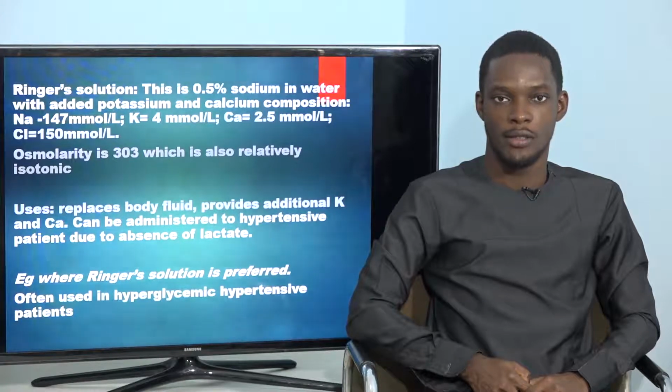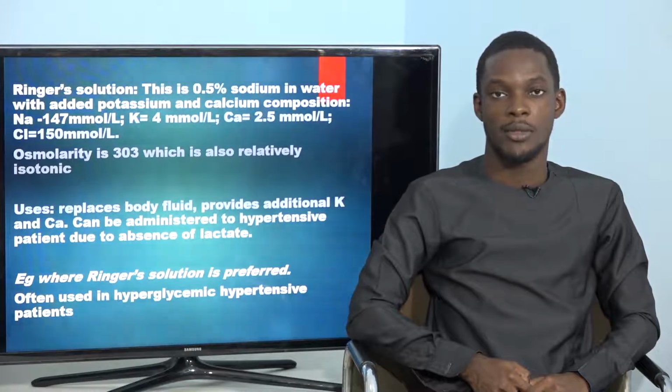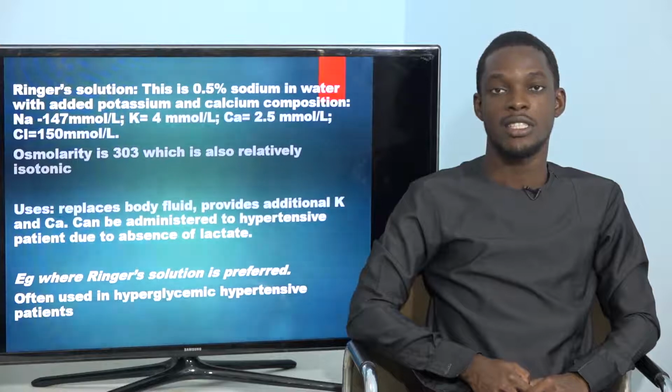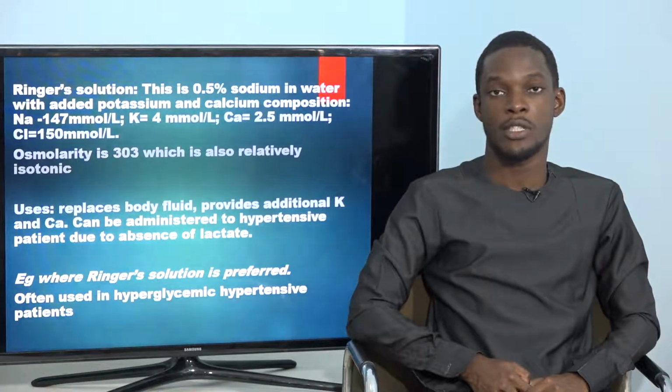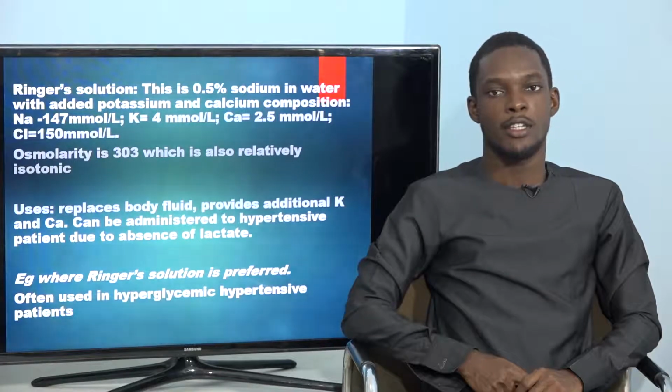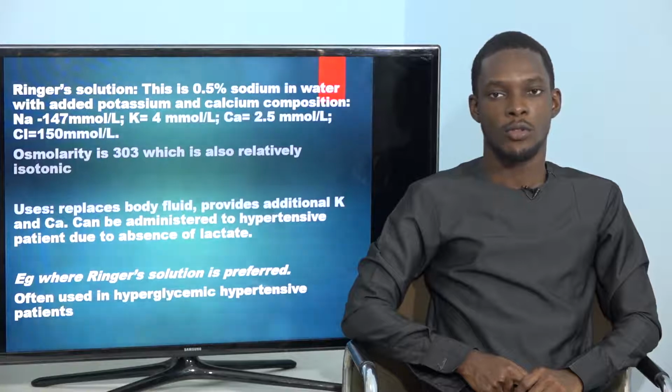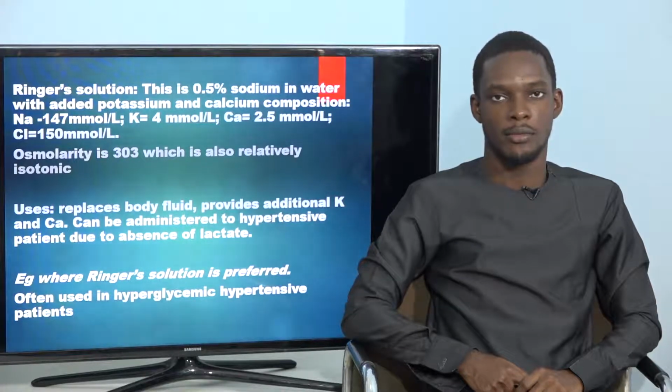Ringer's solution. Oftentimes, Ringer's solution is mistaken for Ringer's lactate solution because of probably unavailability on the hospital unit. But one has to note that Ringer's solution differs from Ringer's lactate solution. This is 0.5 sodium in water added to potassium and calcium.